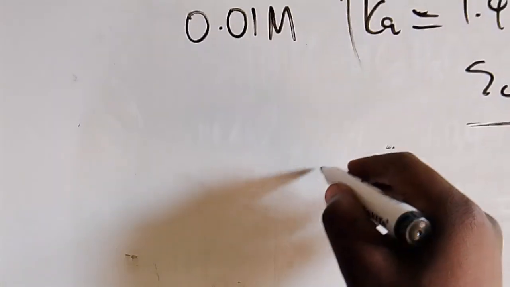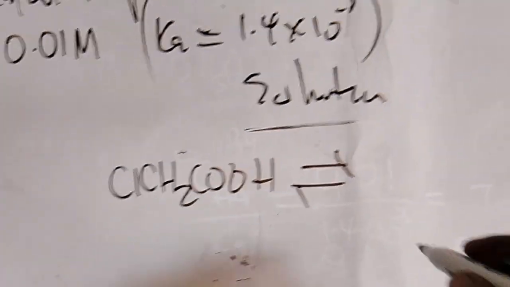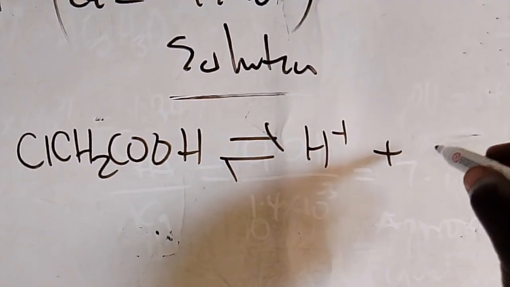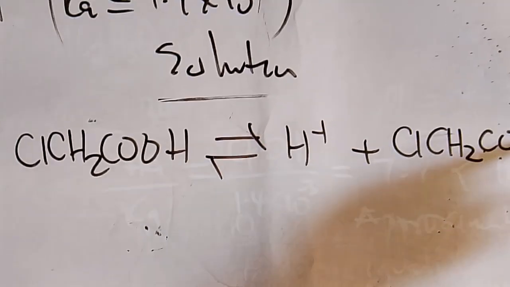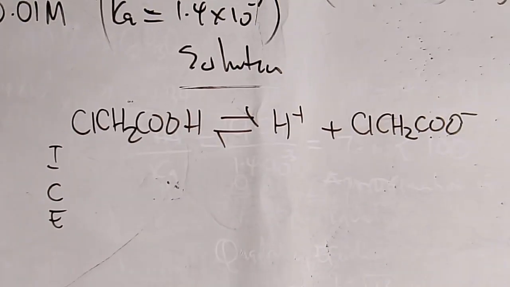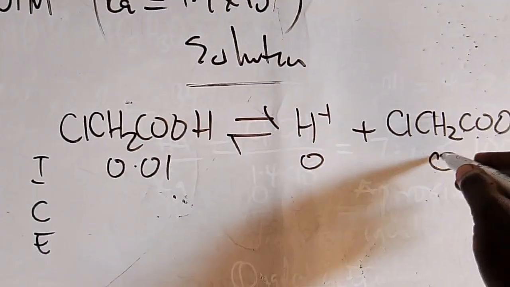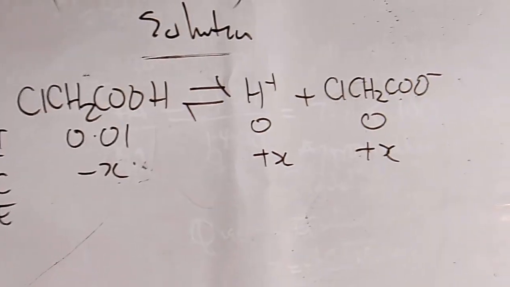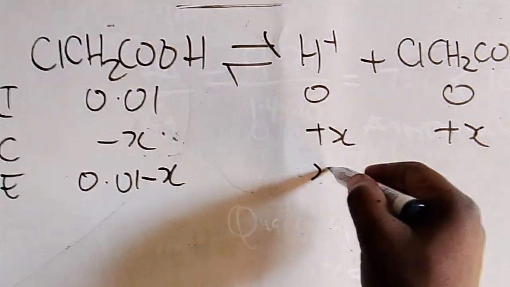Let's dissociate the chloroacetic acid, ClCH2COOH, which forms hydrogen ion plus the chloroacetate ion. For the ICE table, the initial concentration of the acid is 0.0100, the change is minus x, plus x, plus x, and at equilibrium we have 0.01 minus x, x, and x.